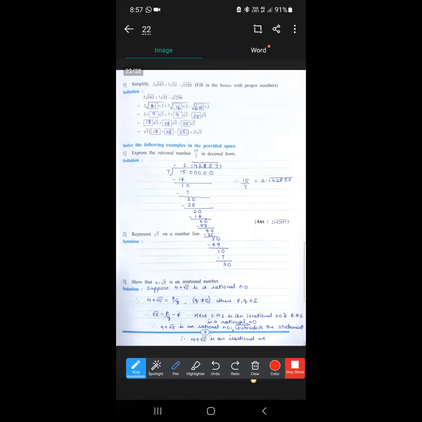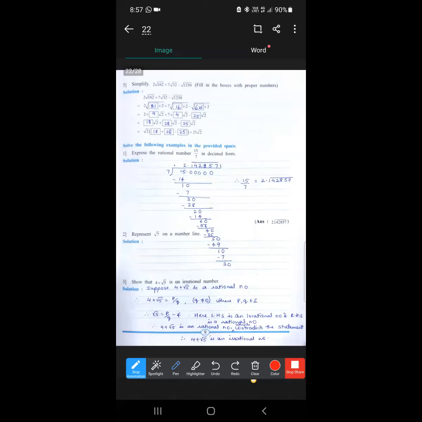On page number 9, let us see the 5th question, that is simplify. This is an activity based question, students. The question is 2 root 162 plus 7 root 32 minus root 1250. They have told us to fill in the boxes with the proper numbers.